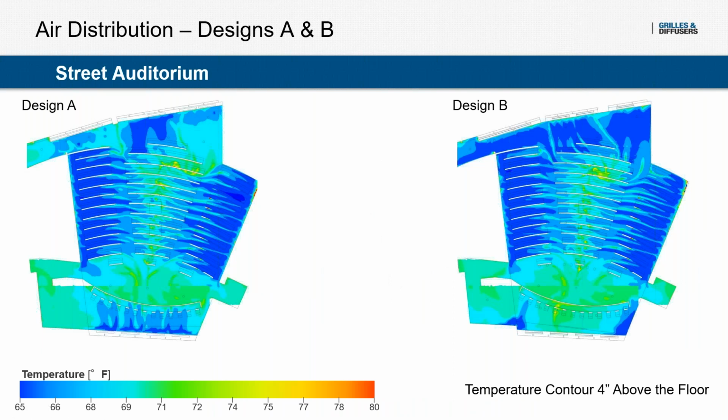Now if we want to look at temperature, this is right above the floor, design A and design B. The reason I want to do this is to really drive the point home of how far that cooling air moves, and again, why it's a good idea to have supply air from the back. In any displacement system, ideally you have this pool of cool air near the floor that gets entrained by the heat sources, which then raises that air up. Here you could see that for these side sections closer to the sidewall diffusers, you have that nice pool of cool air.